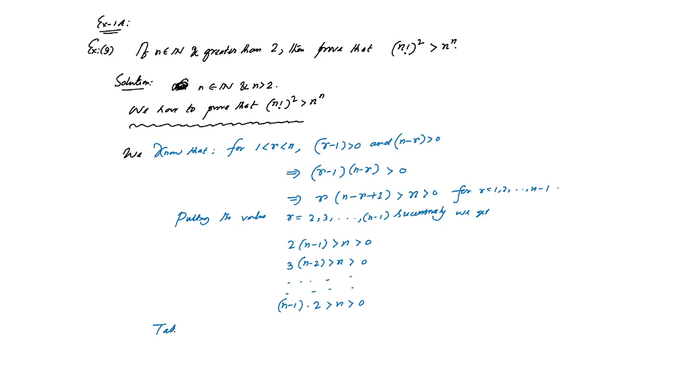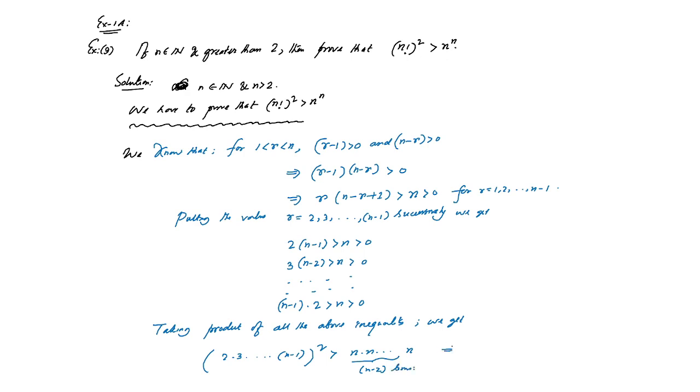So now we take the product of all the above inequalities. What we get is (2·3···(n-1))^2 is greater than n·n, taken n minus 2 times.